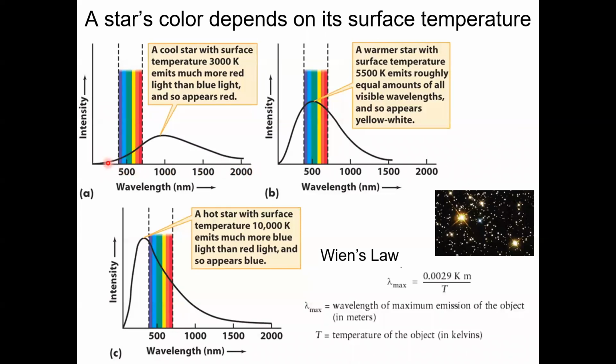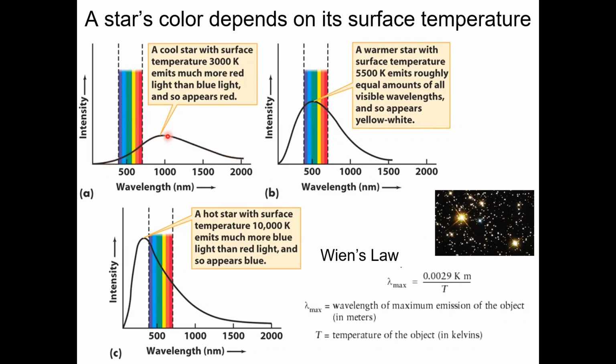If you can measure and plot how much gamma rays are emitted by that particular star, how much blue light, how much red light, how much yellow, how much infrared, how much ultraviolet, how much X-ray, like that, then you can actually plot this curve.